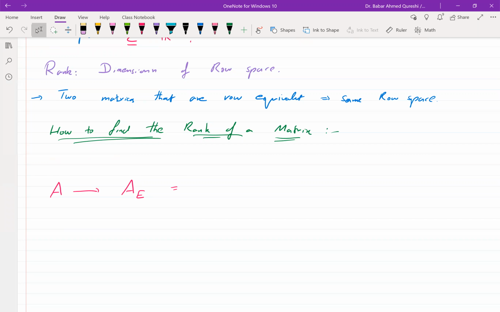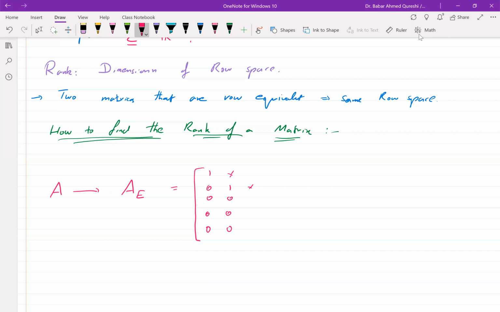So I'm given a matrix and I want to find the rank. So what I will do is first go to the echelon form. So how does an echelon form usually look like? You have things like this. You have a lead variable. Then in the next column, you have another lead.